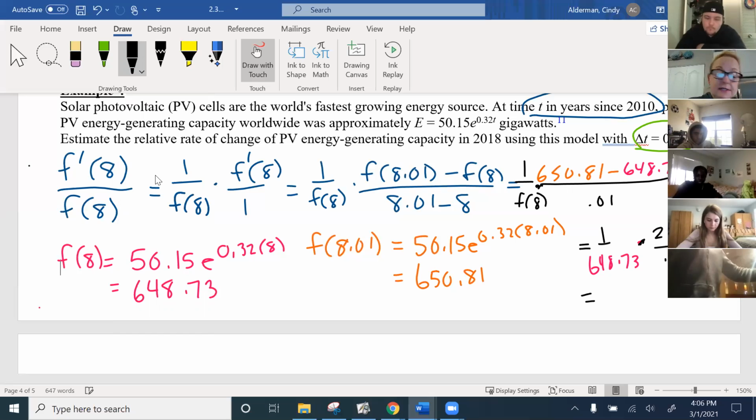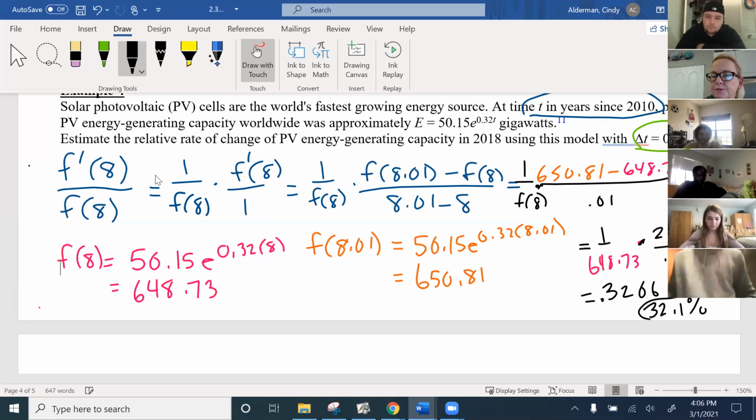Put that all in your calculator and you get 3.3206, or 32.1%. And that would be your relative rate of change.